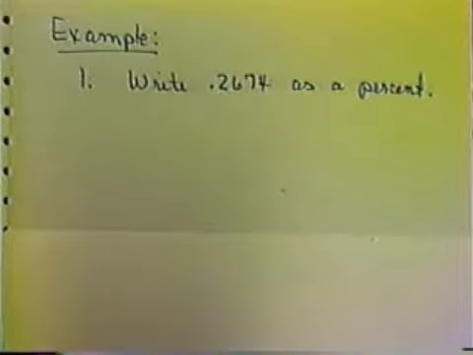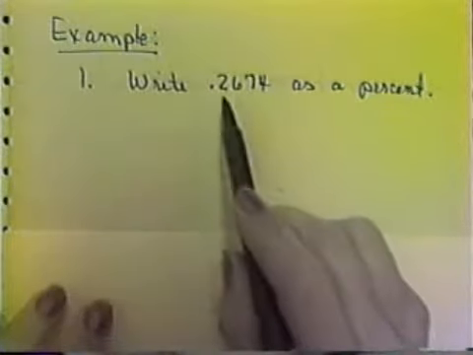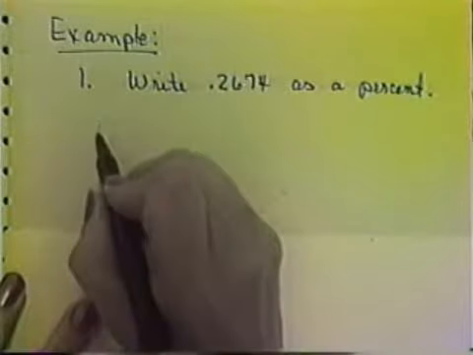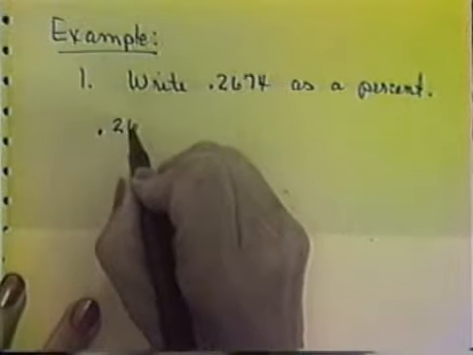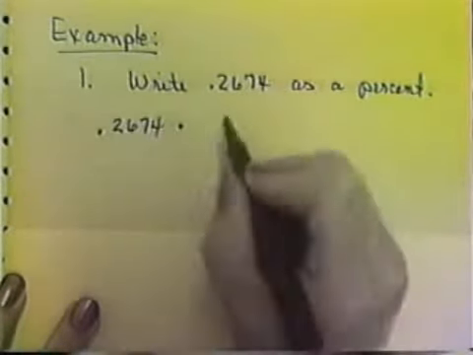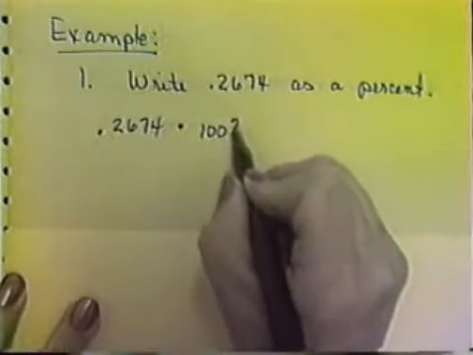Okay, let's look at an example. We want to write 0.2674 as a percent. We want to make this decimal a percent. So we're going to take 0.2674 and multiply by 100%.